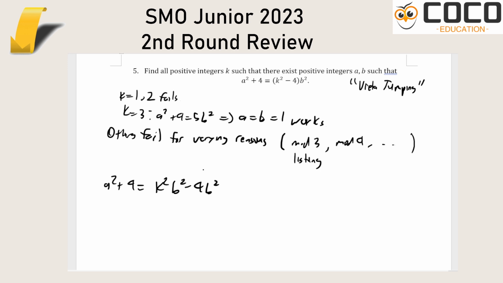And so this leads me to something like saying that actually a squared is just k squared b squared minus a bit.